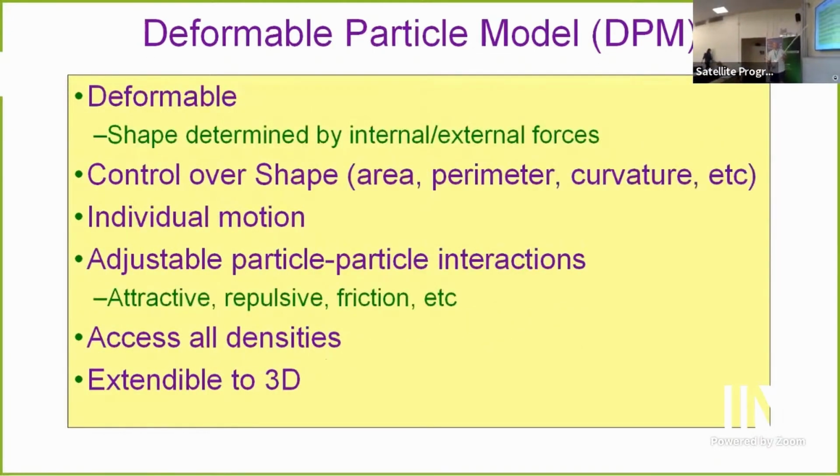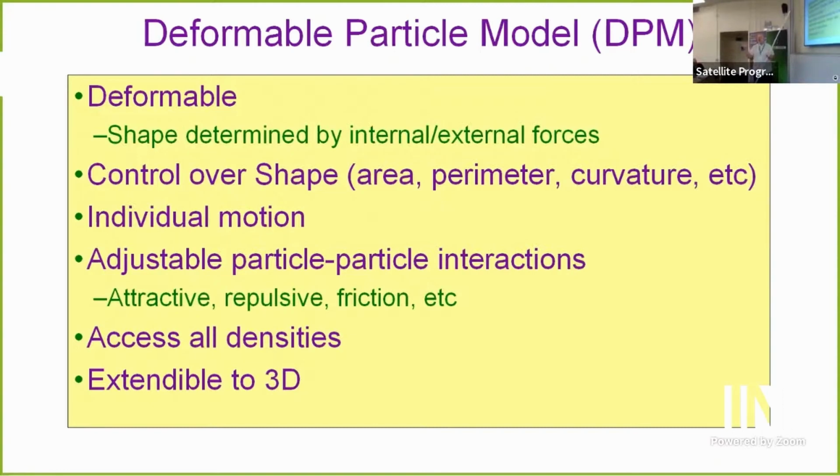Okay, and what we mean by deformable is specific. What we mean by deformable is that the shape is determined by the internal and external forces, and there are a lot of degrees of freedom to determine that. So you have to have degrees of freedom in the shape. They have to be part of the dynamical process. But we want to have control over the shape. We want to be able to control it in a very specific way so that we can get any shapes we want.